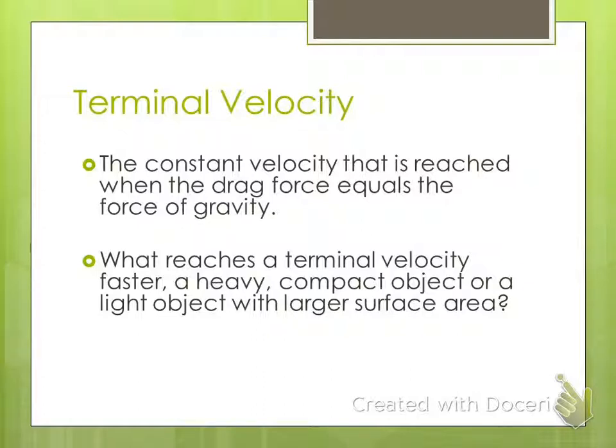My sheet of paper will accelerate at the beginning, and then eventually it will reach a point where it stops accelerating and it just falls at a constant speed. Once it reaches that place at which it stops gaining speed and it stops accelerating, we call that terminal velocity. And I'm going to have you watch a video to explain terminal velocity a little bit better and give you kind of a visual about it.